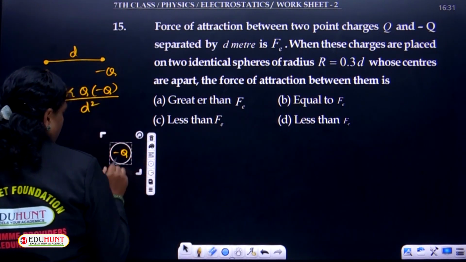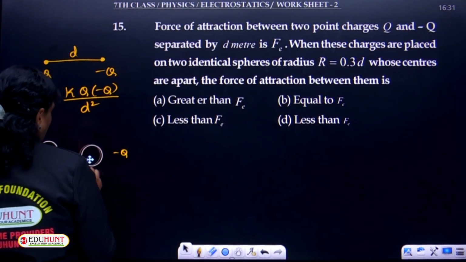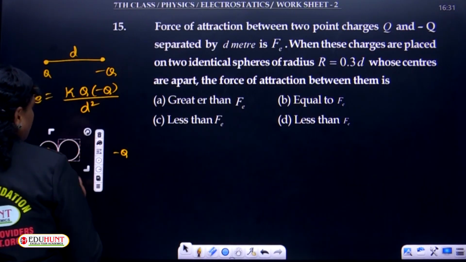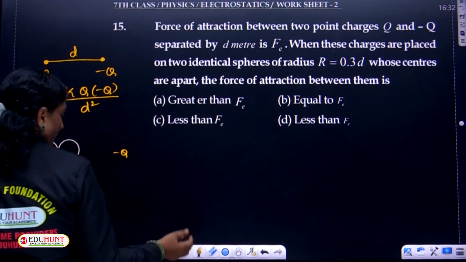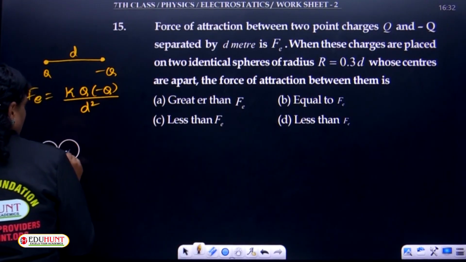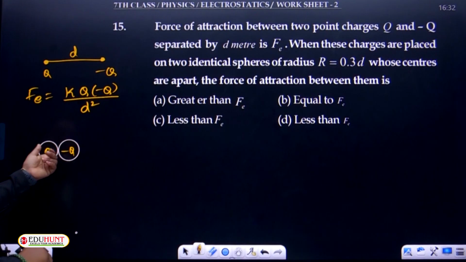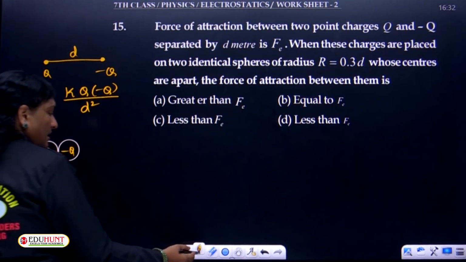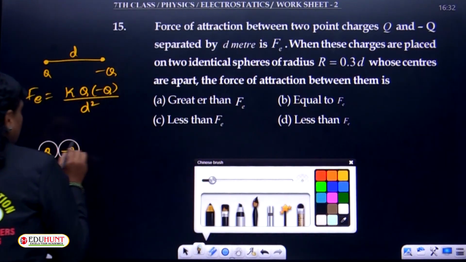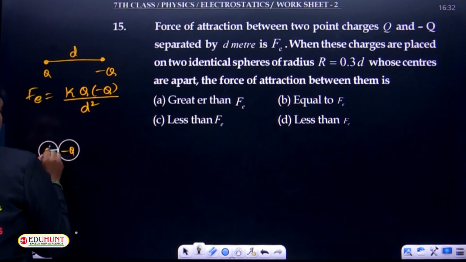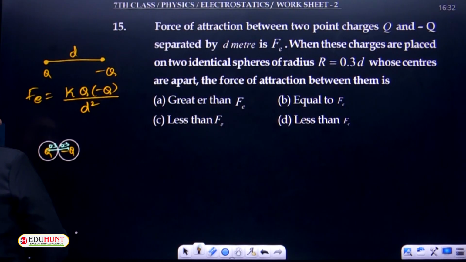As a result, the charges will attract each other and they will be separated by a certain distance, which is the distance of its radius. This radius is given as 0.3d, and this one is also given as 0.3d.